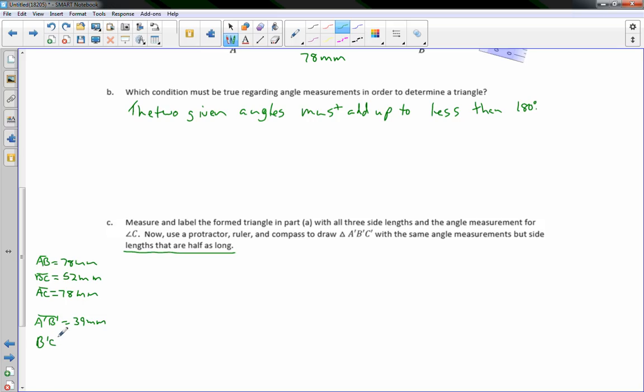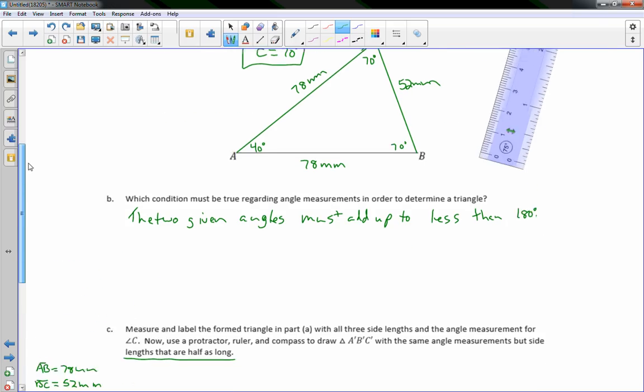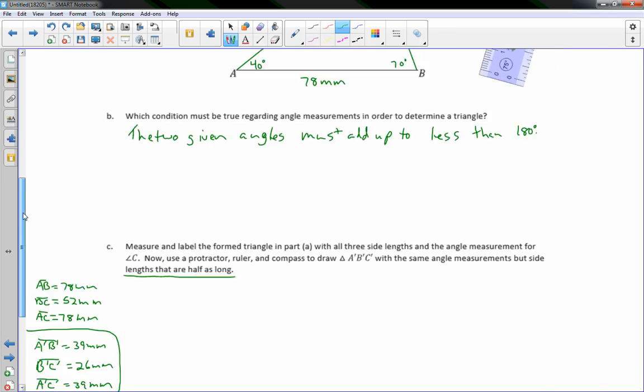B prime, C prime must be half of 52. Therefore, it's going to be 26 millimeters long. And finally, A prime, C prime is half of AC, and that will also be 39 millimeters. So these are the lengths we're going to use along with the same angle measurements of 40, 70, and 70.